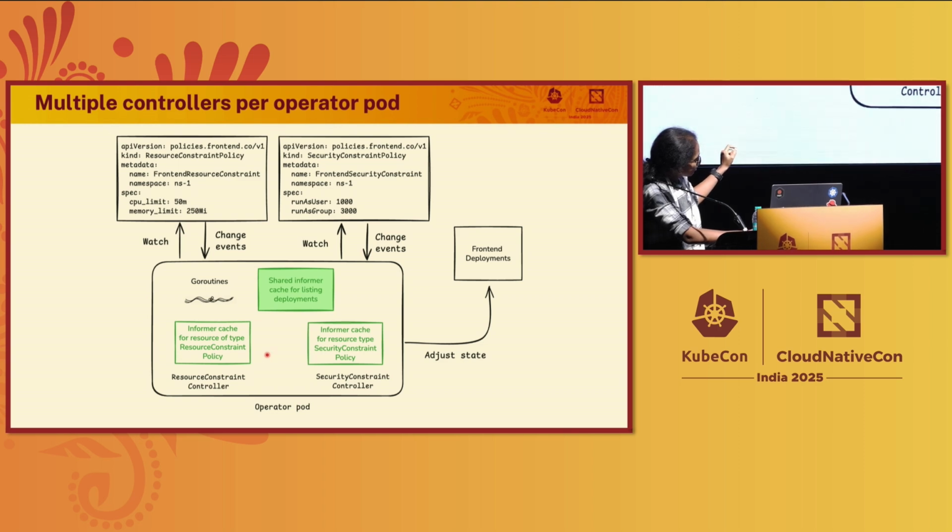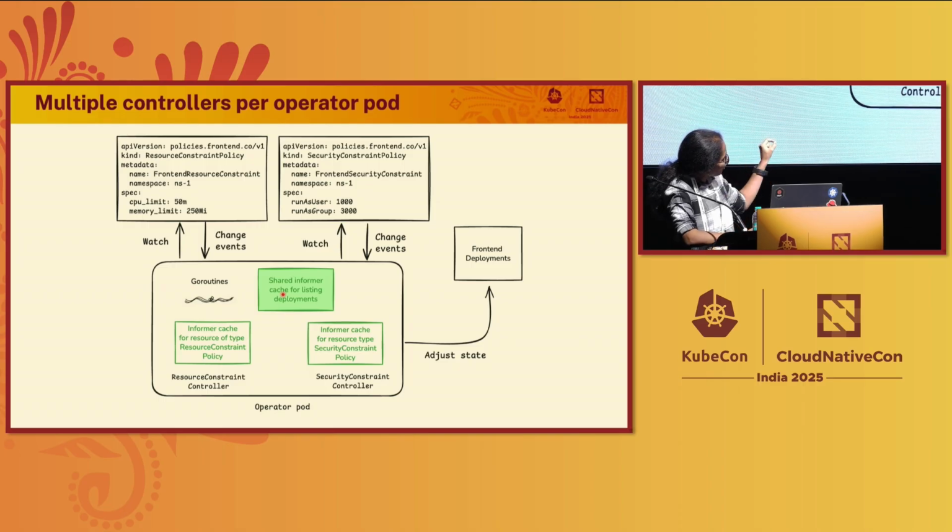You have two controllers, both of them more like routines that are spawned by your main thread. And you have just one more added thing here, which is your shared informer cache. So what is a shared informer cache? Let's say you have two controllers, both trying to watch the front-end deployments itself. You wouldn't want two separate caches for that. It's just redundancy and higher memory usage.